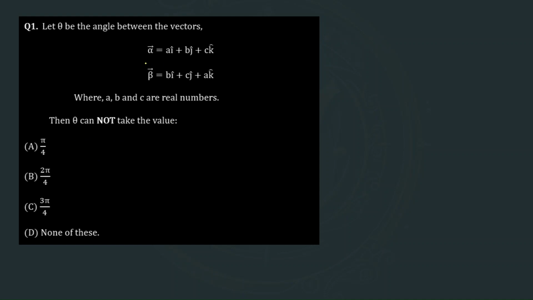So here the first idea that strikes our mind whenever we see the word angle between the vectors is dot product. So we can say if theta is the angle between these two vectors, cos theta will be alpha dot beta divided by modulus of alpha times modulus of beta.